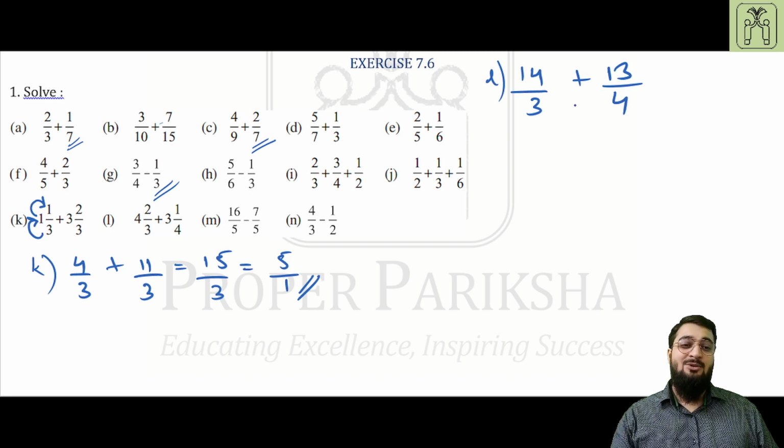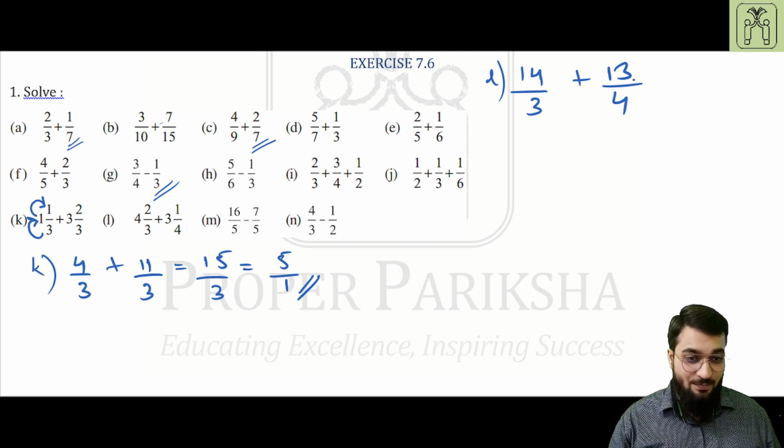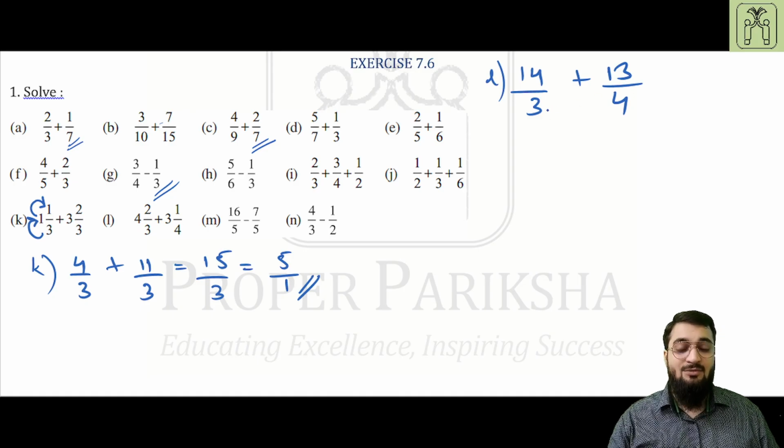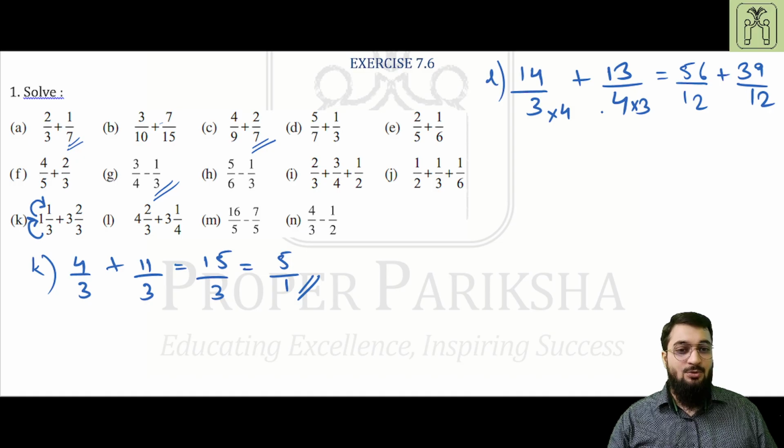Here you can see that the denominators are not the same, and therefore we need to take the LCM, that will be 12. 3 into 4 and 4 into 3 will be there, and 14 into 4 will become 56, since 4 4s are 16, so this will become 56 upon 12, and 13 into 3 will become 39, therefore this will be 39 upon 12. You can just add them up: 9 plus 6 will give you 15, and 1 will be carried, 5 plus 1 is 6, plus 3 is 9. 95 upon 12 will be the answer.